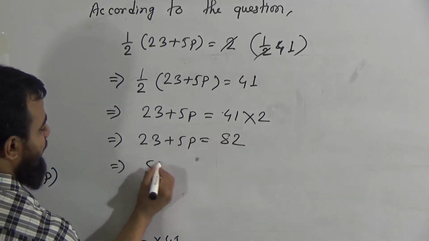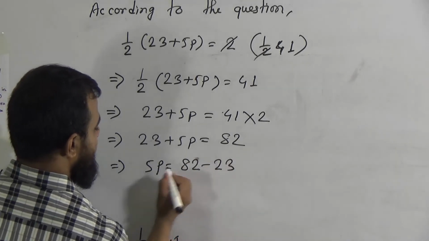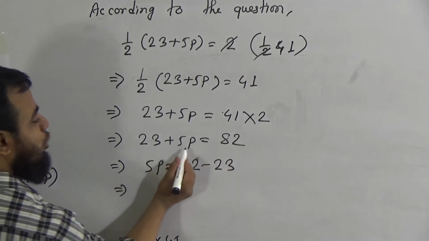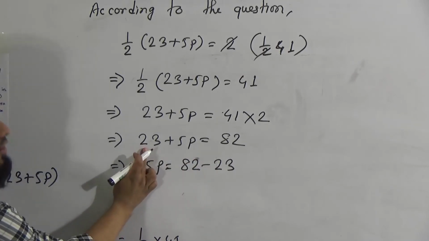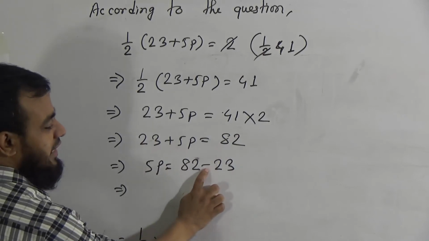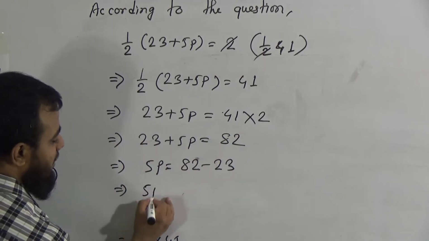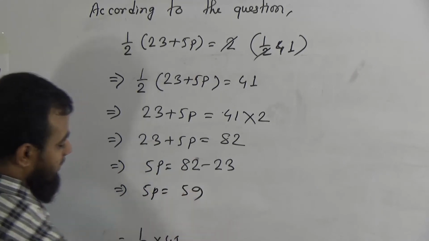Implies that we can write down 5p equal to 82 minus 23. Dear students, we need to find out the value of p, that is why we transfer this 23 into the right side. If we transfer this 23 into the right side, it will take a negative sign because 23 had a plus sign before. Now it's 5p equal to 59.